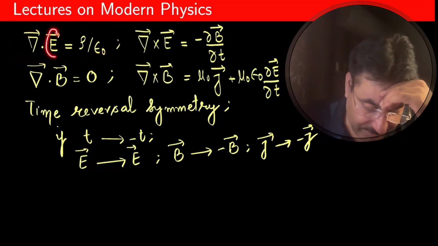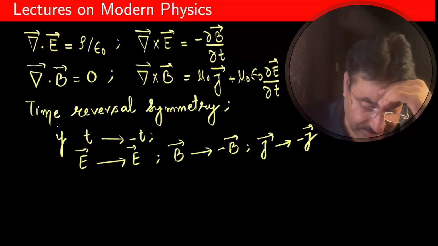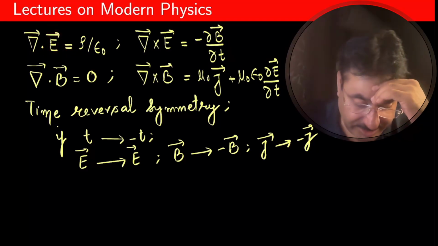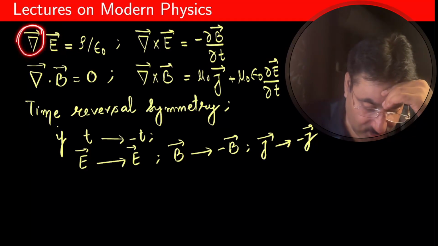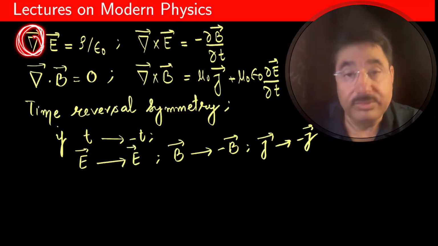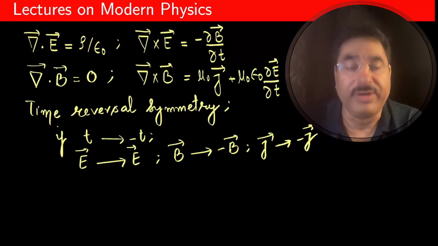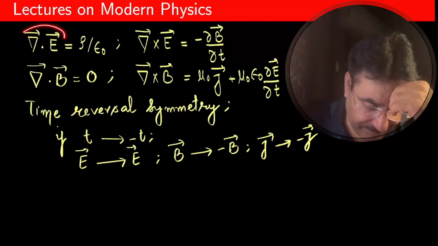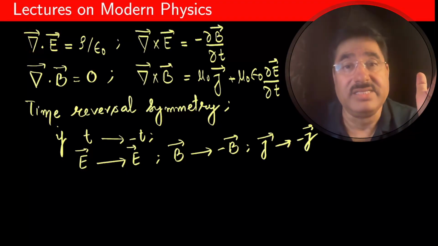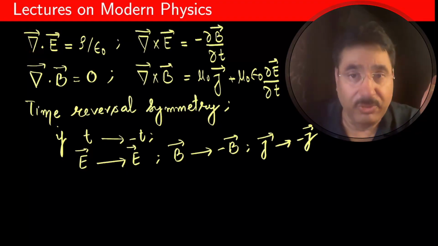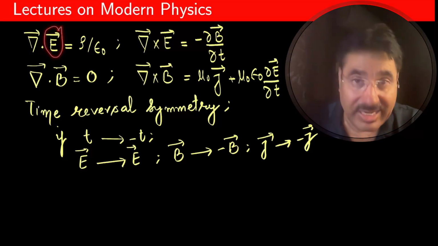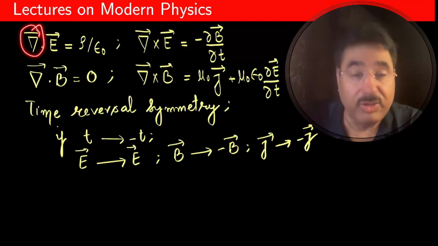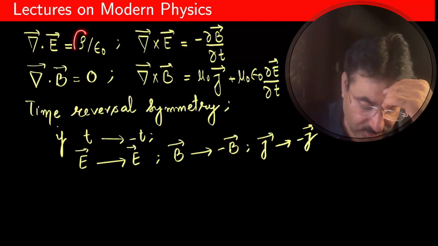You see, the electric field does not change sign. The electric field retains the sign, and this operator is a space operator, so there is no time here. So the left hand side retains its sign. It is still positive because E is unchanged under time reversal. Del has nothing to do with time, and this rho is a scalar.